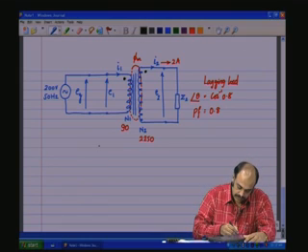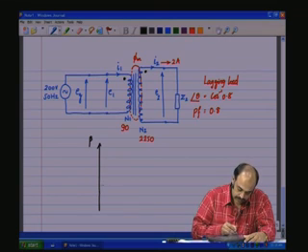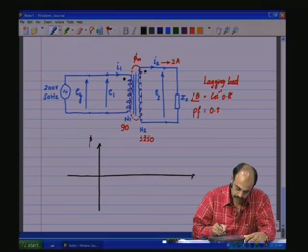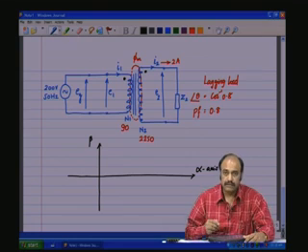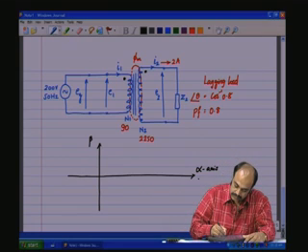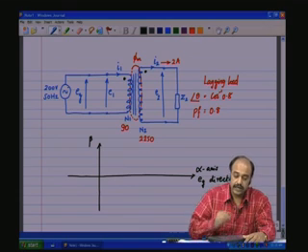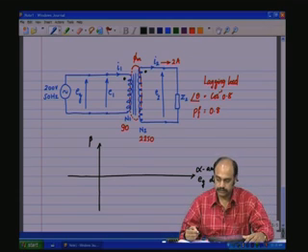To draw the phasor diagram, we take the two axes in the spatial coordinates. This is the beta axis and this is the alpha axis. So, the alpha axis direction is taken as EG direction, the generator voltage direction itself.